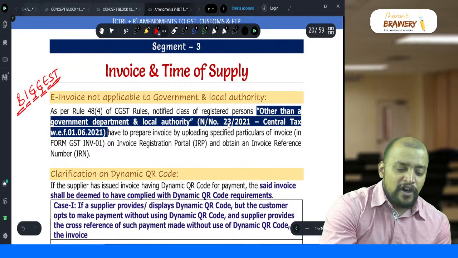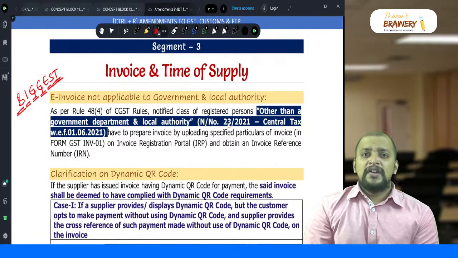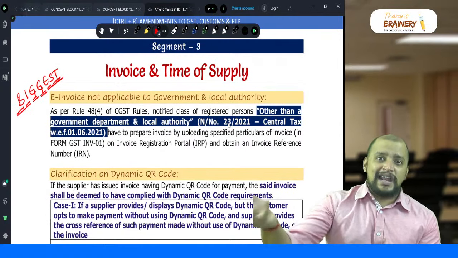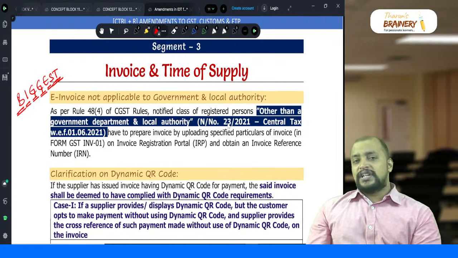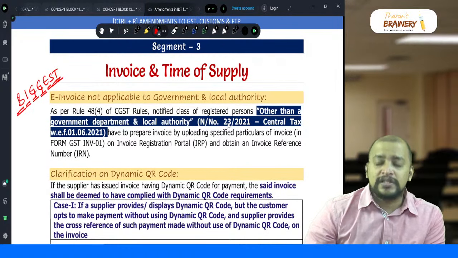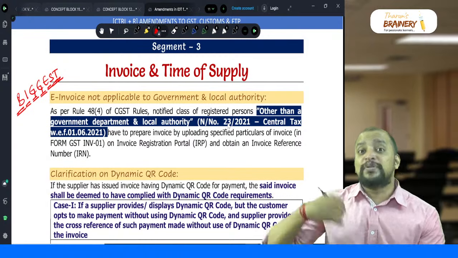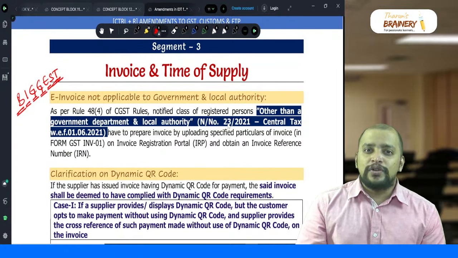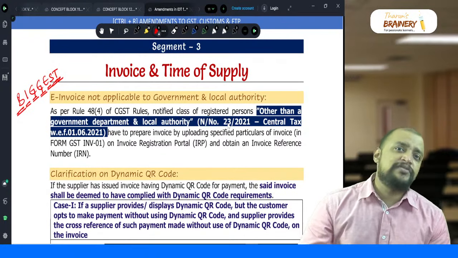Then T for transportation of passengers by any mode. For example, you take Indian Airlines or Indigo Airlines, SpiceJet. Definitely their turnover during any previous year exceeds 50 crores. Now they will be making B2B supply, correct? For example, there is a chartered accountant who needs to go for an outstation audit. So definitely the ticket will be booked in the name of the firm.